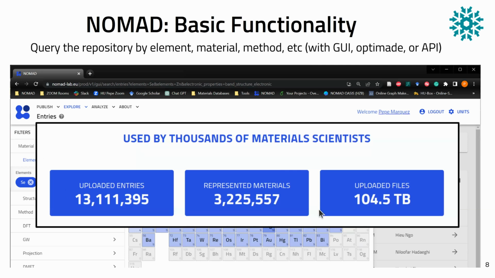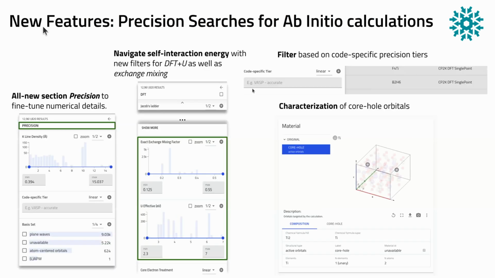So there's already lots of data on Nomad, and a lot of this data is representing the ab initio calculations, because historically this is where Nomad started, but we're starting to build up more and more data in other regimes, as I mentioned, these classical simulations, excited states, and so on. So maybe if you've used Nomad in the past, but you haven't been paying attention recently, it'd be interesting to see some of the new features we've developed over the past couple of years.